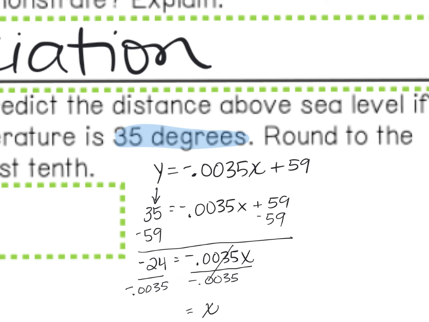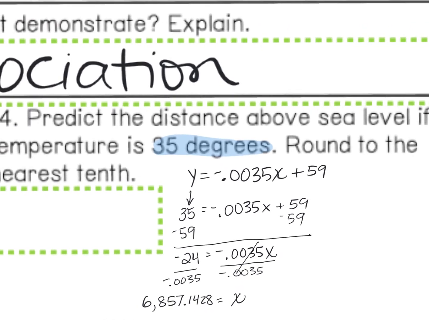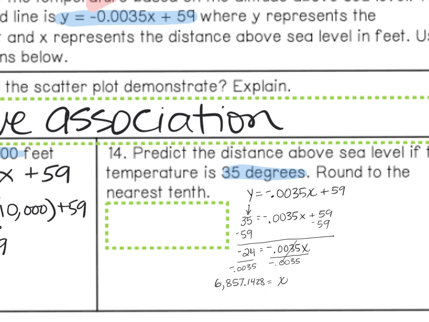So now we have to divide negative 24 by negative 0.0035, and we get, well, the negatives cancel out, and then I have 6,857.1428. But notice my directions are asking me to round to the nearest tenths place.